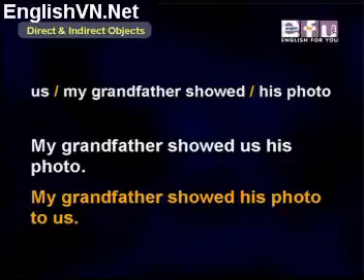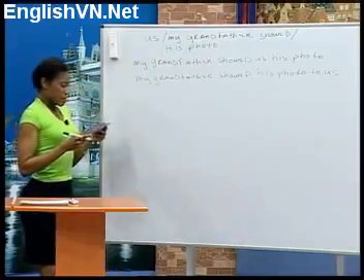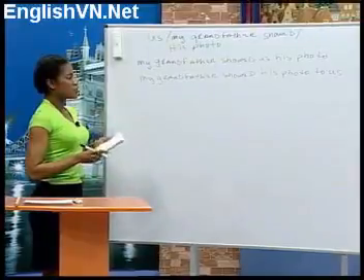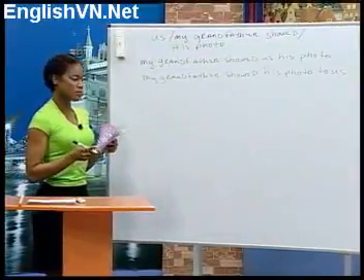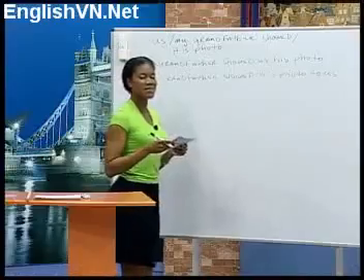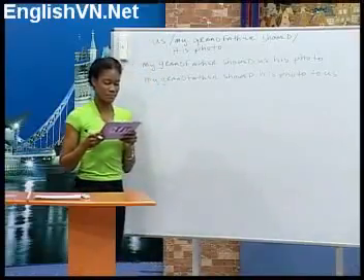My grandfather showed his photo to us. All right, very good. Can we say "my grandfather showed us to his photo"? No, that's a crazy sentence. That's right. All right, good job, everyone.